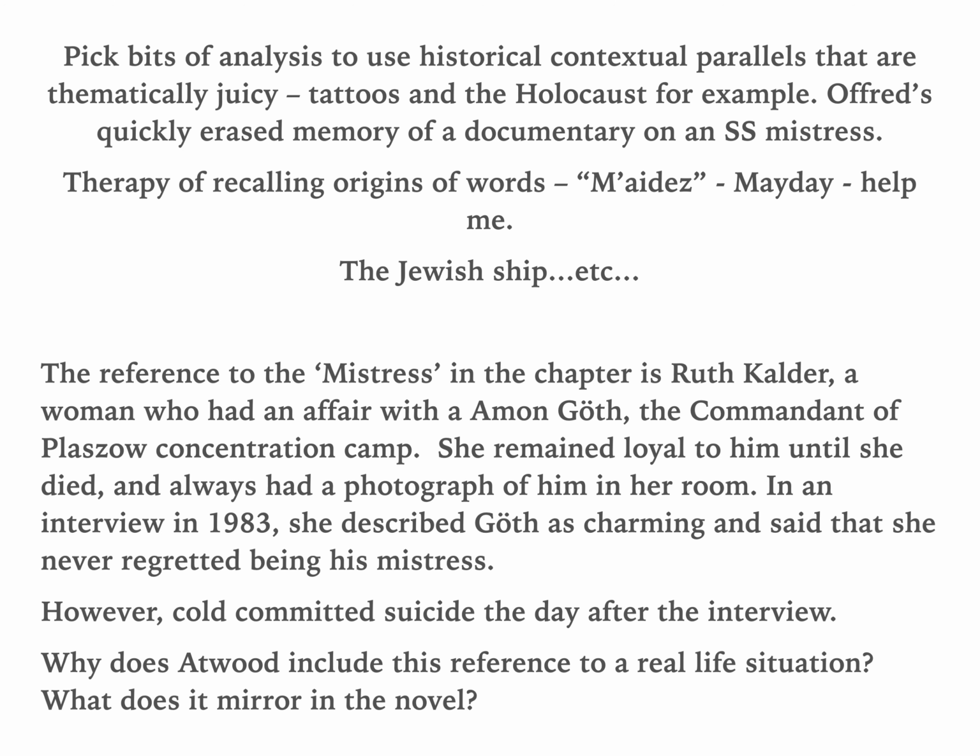The therapy of recalling origins of words: Mayday, Mayday, help me, the very particular Jewish ship, etc. The reference to the mistress being Calder, who had an affair with Gert, commandant of a concentration camp, remained loyal until death, and yet, after a 1983 interview describing him as charming and not regretting anything, committed suicide the day afterwards. Why does Atwood include such a reference, and what does it mirror in the novel?